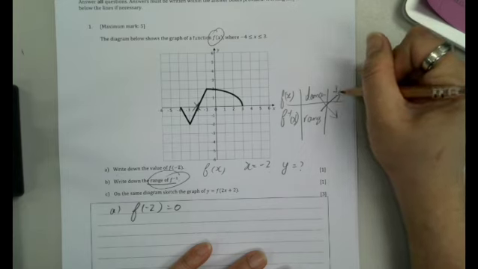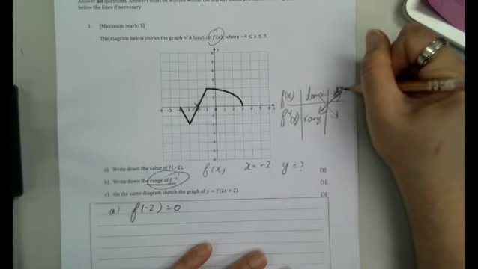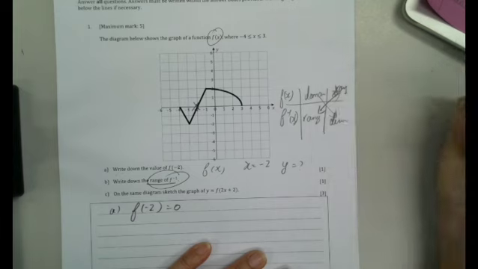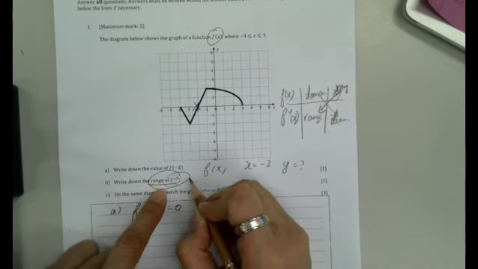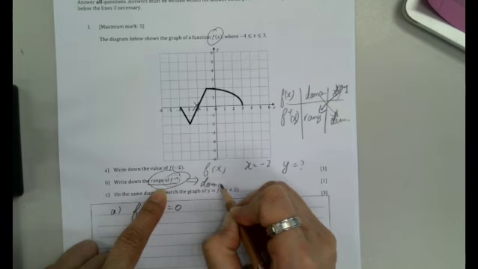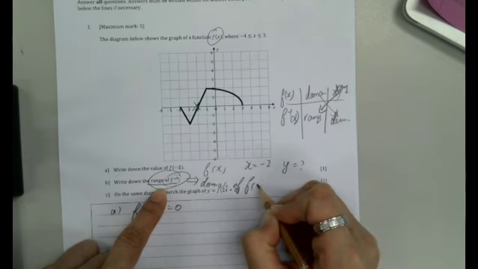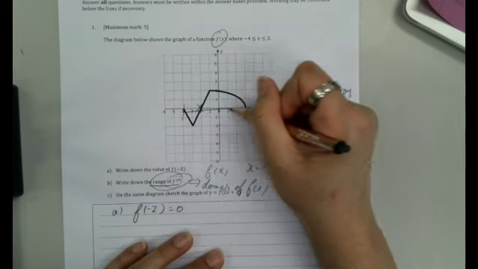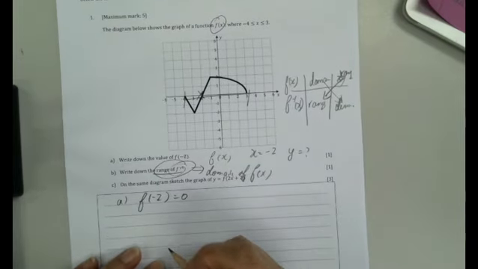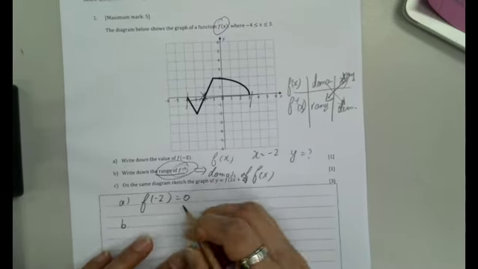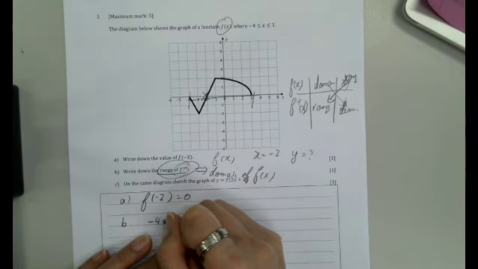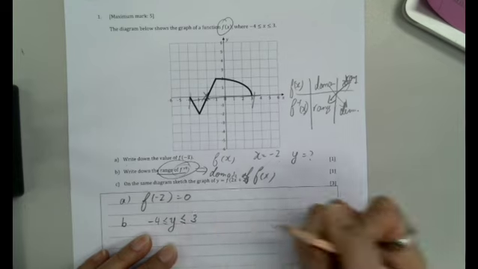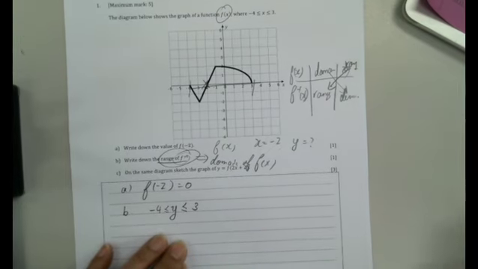So range of f inverse means the domain of f(x). All you need to do is look at it here. So we will have -4 to 3. It's asking for the range, so we'll have the y there. So it's easy, another 1 point.